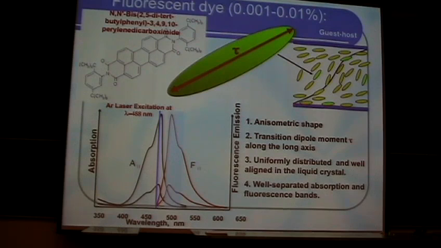Another important thing is that both absorption and fluorescence bands are polarization dependent, because of the orientation of the transition dipole moments of the dye molecule along the molecular axis, and the dye molecules follow the orientation of the liquid crystal molecules in the sample.